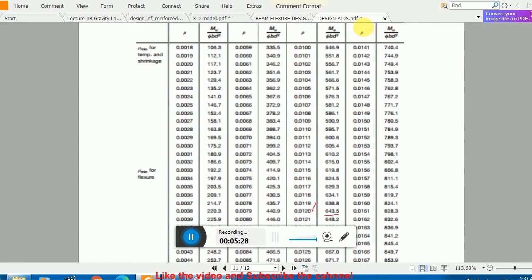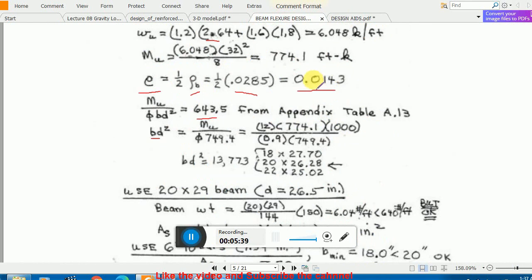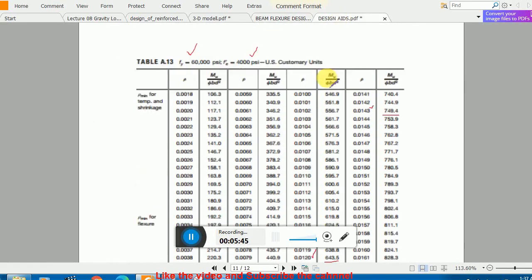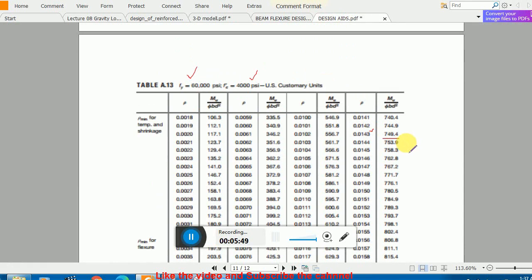This is the value 0.3, so 0. This one, and you see 749.4. So here you see 7, not this one, this is rho, okay, this is 643 against 0.0143. Let me check it, 60,000 and 4,000, yes, and the rho value is 0.0143, yes, 749 it will be.